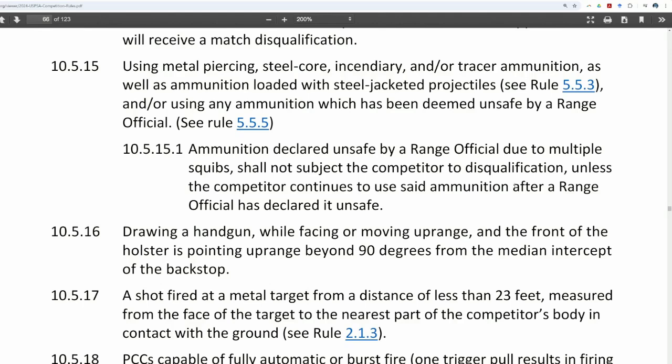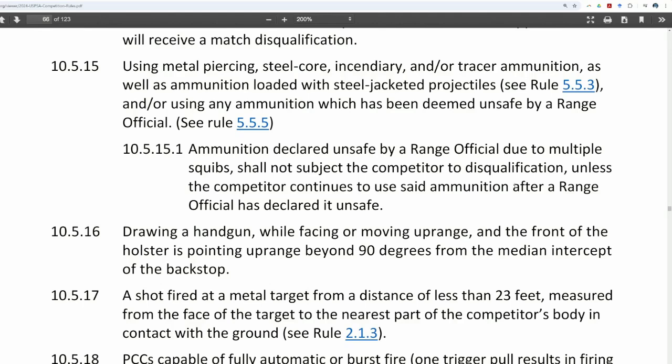The next question people talk about is, obviously we don't want people who are concealed carrying, doing appendix carry, to draw on the weak side and point their gun at the peanut gallery. Of course not, right? We don't want to encourage that. Obviously 10.5.2 still applies. They would be DQ'd for that.